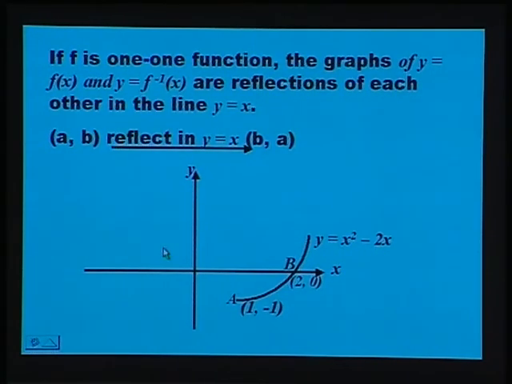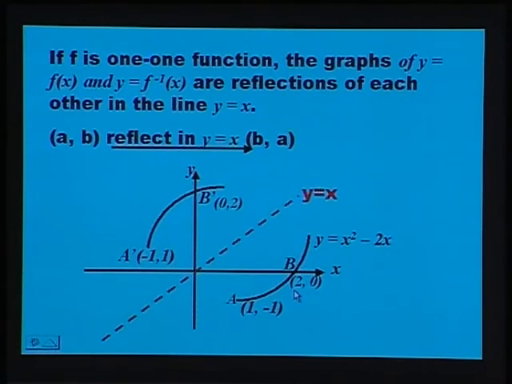If we want to draw the graph of the inverse function, we just need to reflect that graph in the line y is equal to x. So we draw the line y is equal to x. Note that if you reflect the point (1, minus 1), we'll obtain the point (minus 1, 1). So the image of A is (minus 1, 1). The image of B would be (0, 2). (2, 0) becomes (0, 2).